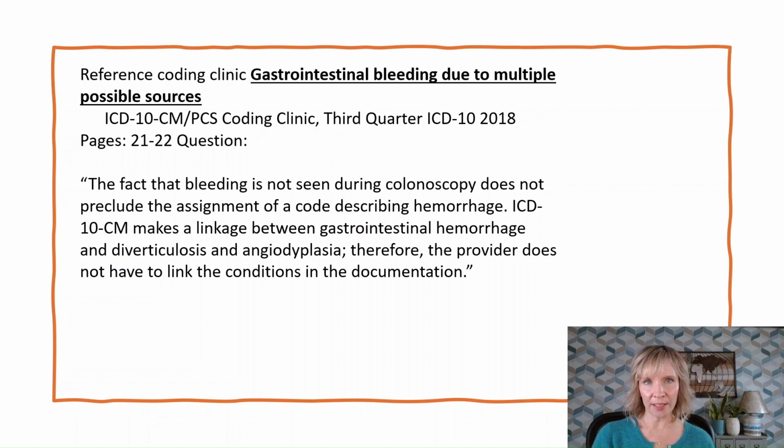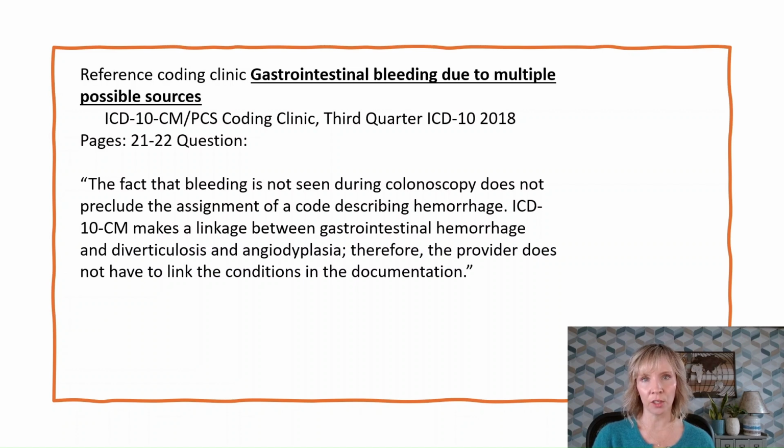When coding for conditions identified during the diagnostic process, if any of the conditions identified during the workup include with bleeding or with hemorrhage as a subterm in the alphabetic index, all of those conditions should be coded as with bleeding.